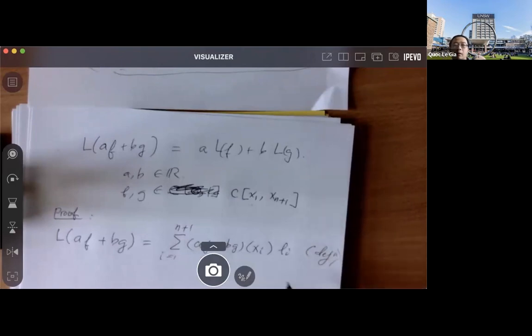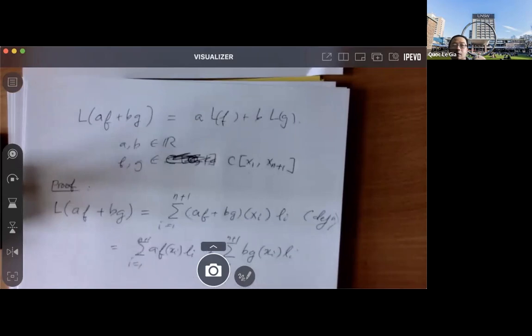And then now you can split it into two sums: a f of xi Li, i from 1 to n plus 1, plus sum of b g of xi Li, right? And this one is possible because the sum is linear.